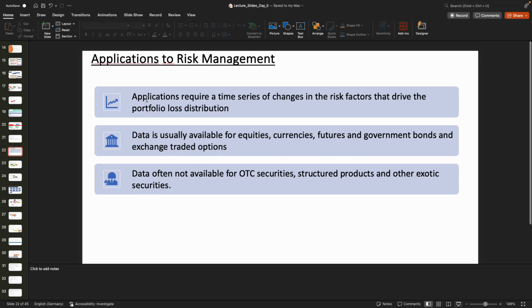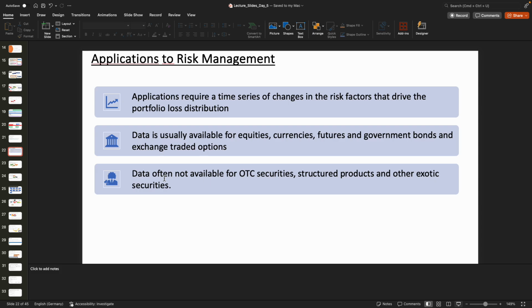Okay, so applications to risk management. I need a time series in order to work with the GARCH. Also, if I want to compute risk factors, I need a time series of the risk factors. Now, it's kind of straightforward to get risk factors for tradable assets like equity, currency, futures, bonds, options.